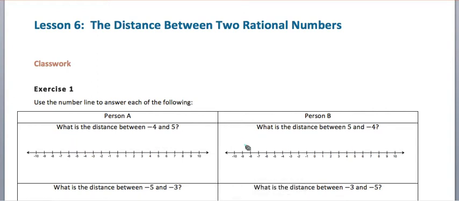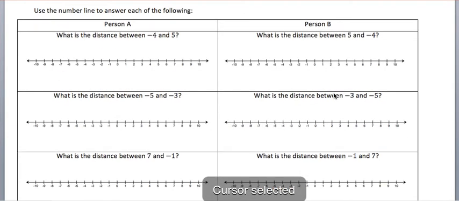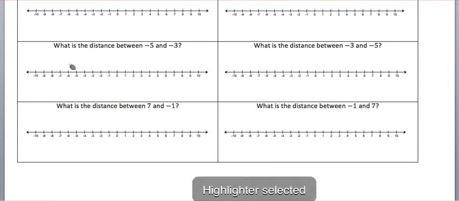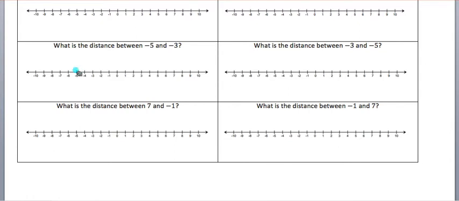Continuing on, the distance between -5 and -3 we can clearly see is 2. And likewise, the distance between -3 and -5 is also clearly 2.